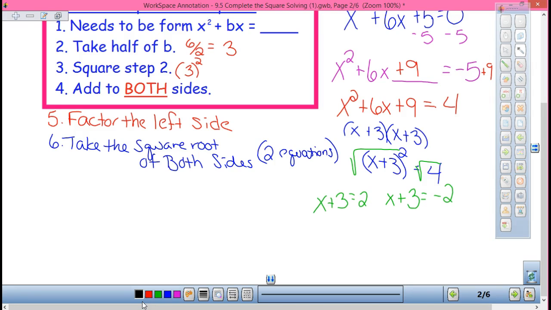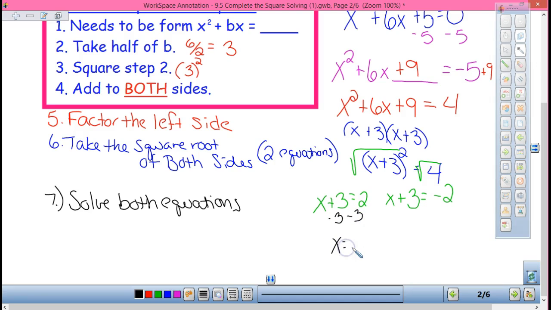What do you suppose our last step is going to be? Yeah, solve both equations. So I'm going to solve this one. Subtract 3, x equals negative 1.